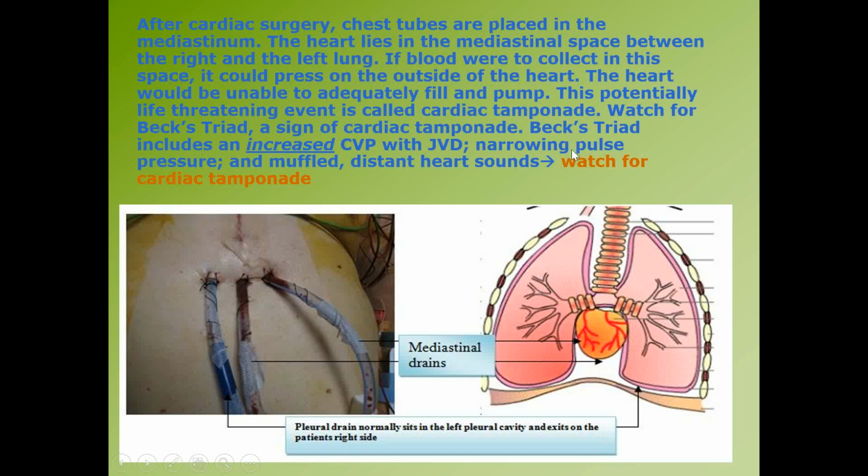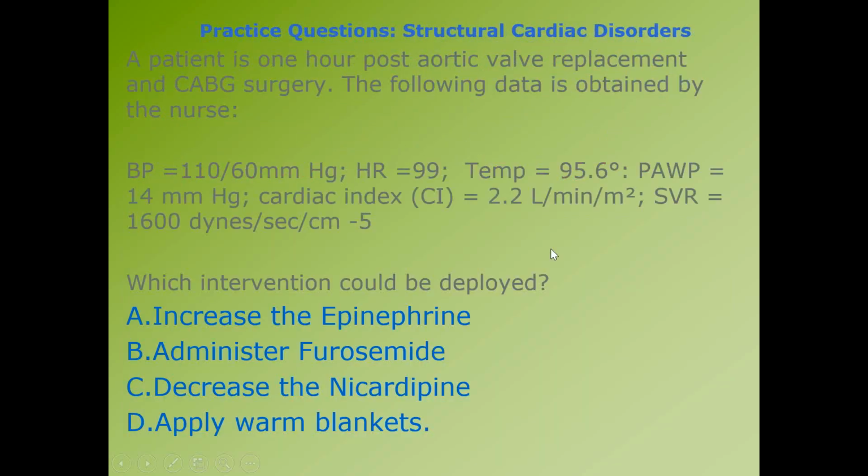So whenever you see Beck's triad, or you see that there are three things, increased CVP or JVD, narrow pulse pressure, and muffled heart sounds, that's the exam writer telling you your patient has cardiac tamponade. So you have to know these signs and symptoms.